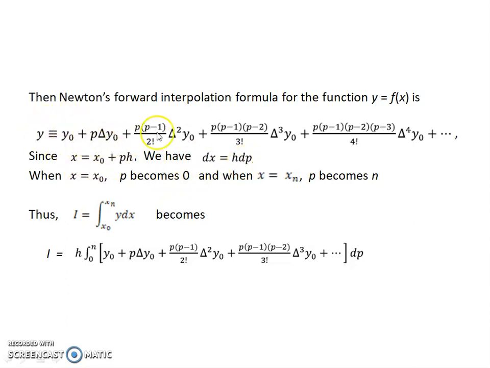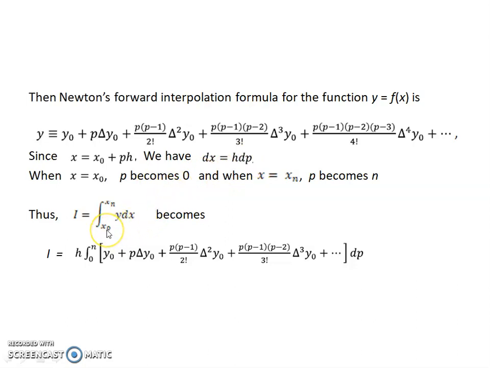Now we'll use this Newton's forward interpolation formula to find the integral from x0 to xn of y dx. This y is given here in the Newton's forward interpolation formula. We'll use this formula, and for dx we can use h dp.